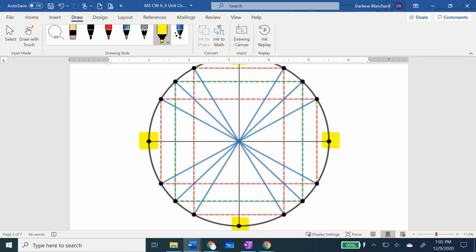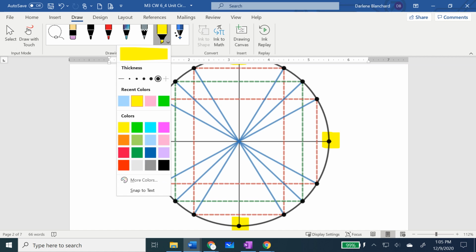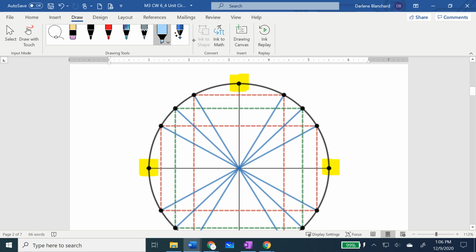All of the unit circle specified angles. All of these other unit circle specified angles are coming from two different types of cuts. One of them is cutting each quadrant into thirds.